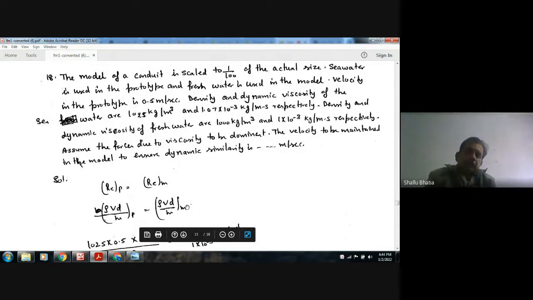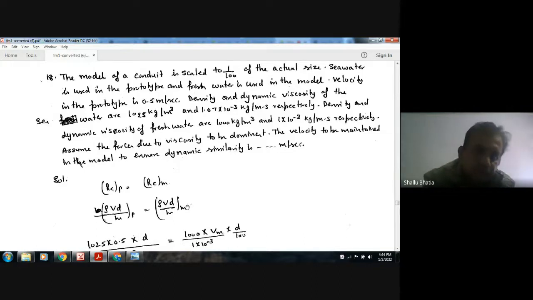Next, the model of a conduit is scaled to 1 by 100 of actual size. Sea water is used in the prototype and fresh water is used in the model. Velocity in the prototype is 0.5 meter per second. Density and dynamic viscosity of sea water are 1025 kilograms per meter cube and 1.07 into 10 to the minus 3 kilogram per meter per second.